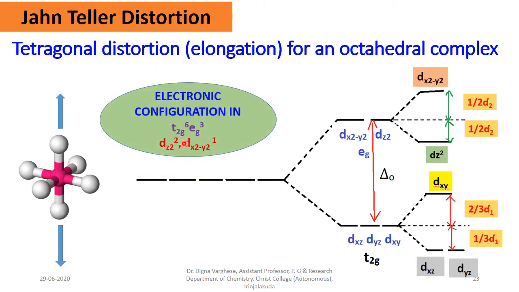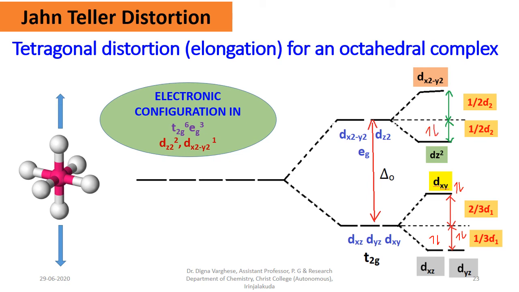So the electronic configuration is t2g6 eg3. In eg3, for elongation, the electrons fill first in the lower level, dz square. Here 6 electrons are already filled: 1, 2, 3, 4, 5, 6, 7, 8.